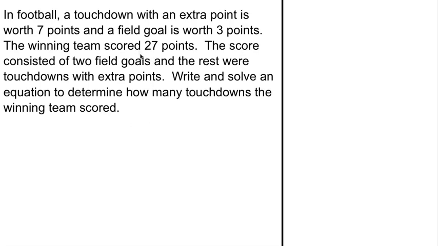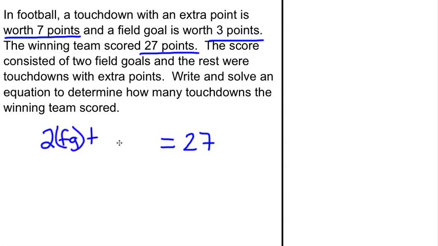Well, first of all, I know that their final score equals 27, because that was their final score. So my final needs to equal 27. What else do I know about this? I know that a touchdown with an extra point is 7, and a field goal is worth 3. I know that there were 2 field goals. So 2 field goals plus touchdown equals 27.